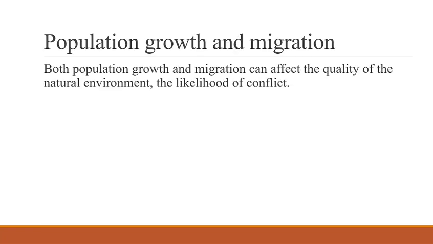So both population growth and migration can affect the quality of the natural environment in different ways and the likelihood of conflict. This is obvious: where there is a large number of people, the likelihood of conflict is also big. Here, you can also think of how population growth and migration become a challenge to rural livelihoods.